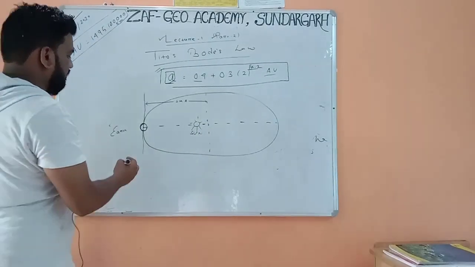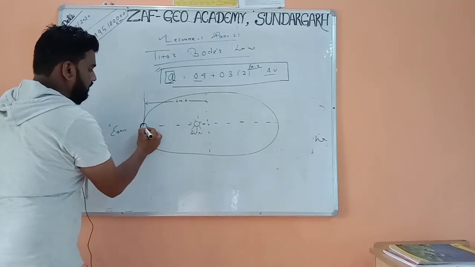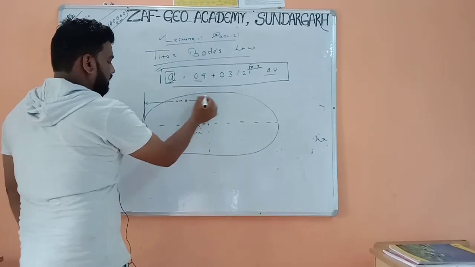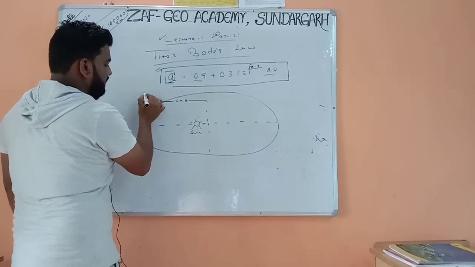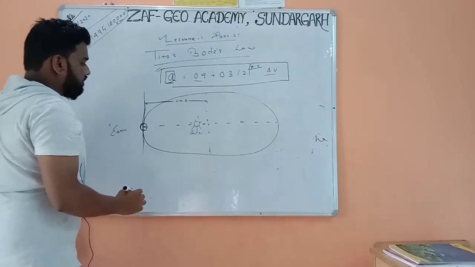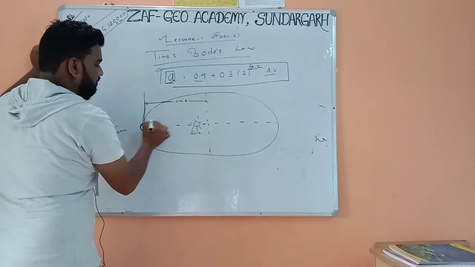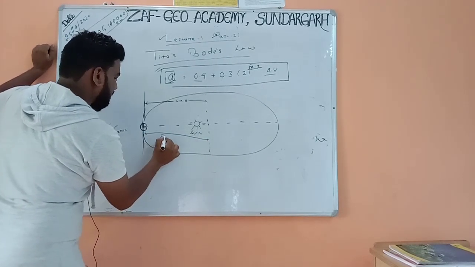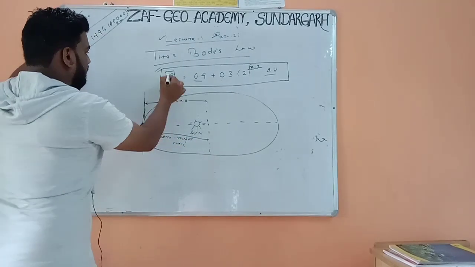From here I have drawn a tangent, and this distance from the tangent to the axis is called the semi-major axis. This is a.